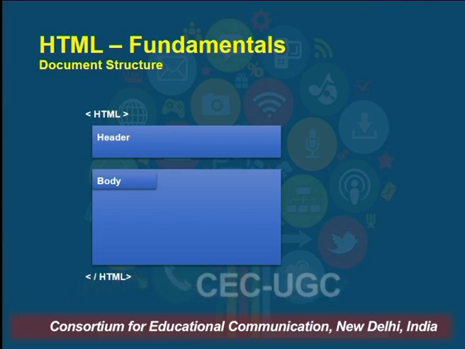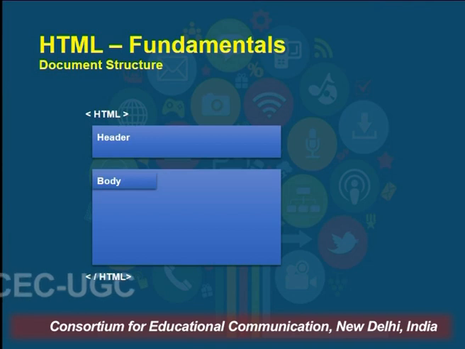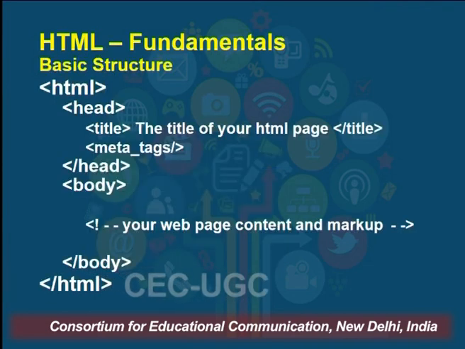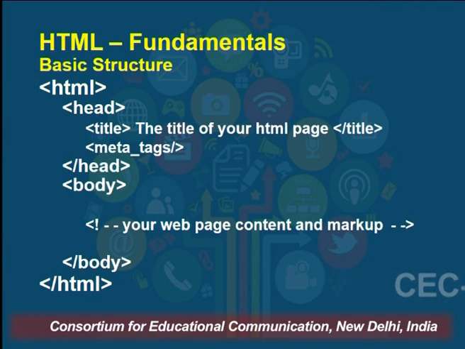So basically in the head portion you will put the titles, you will put the headings, and the main content will be put in the body portion of your page, right? Now in the basic structure, as I just said, the first element is going to be the HTML tag, and the last tag on the page will be the closing HTML tag.